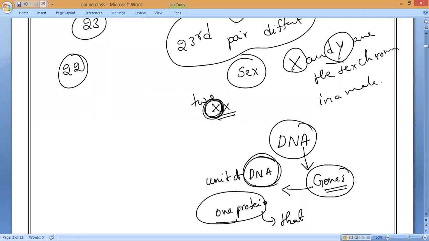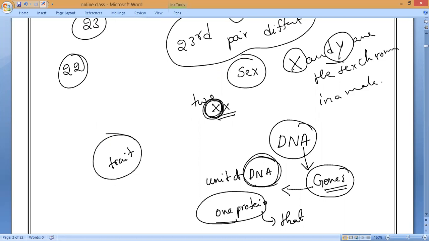Do you understand, everybody? There are thousands of genes on a chromosome. For each character, one gene is present. If you see different characters in our body, it indicates that different genes are controlling each particular trait or character.